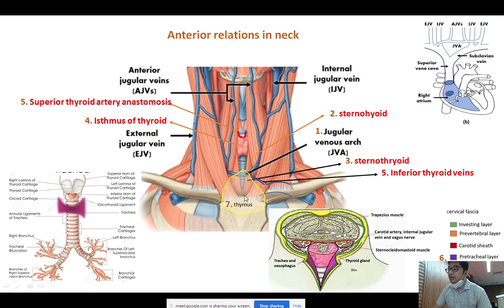Another muscle runs from the sternum to a gland which occupies the anterior and the sides of the trachea, the thyroid gland. So this muscle is known as the sternothyroid.